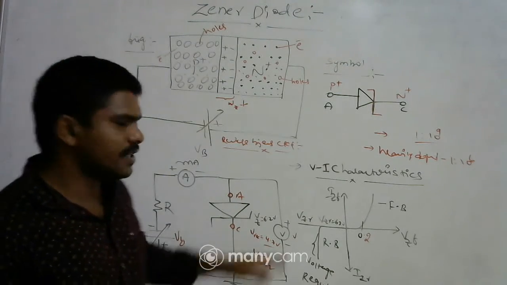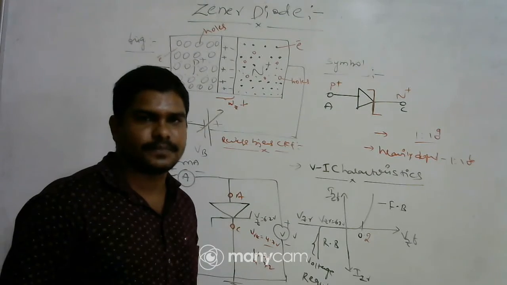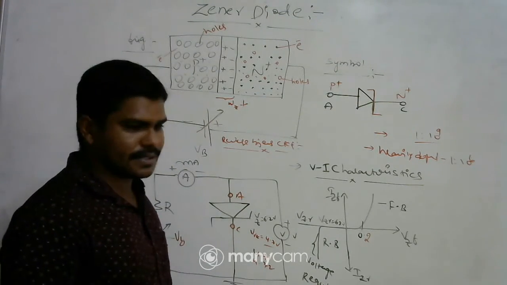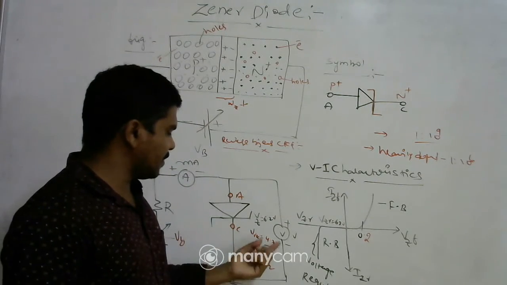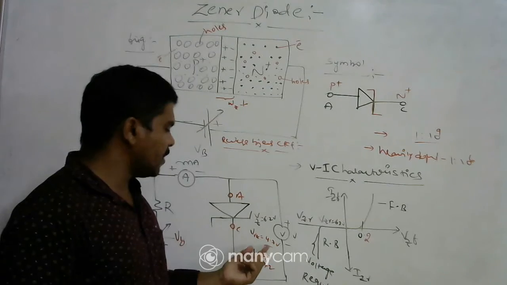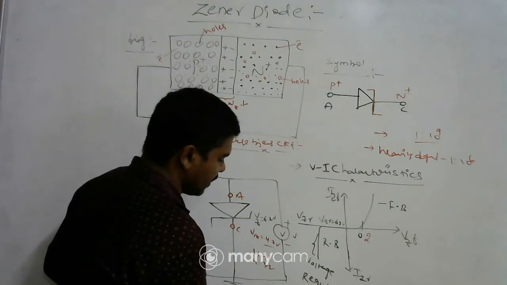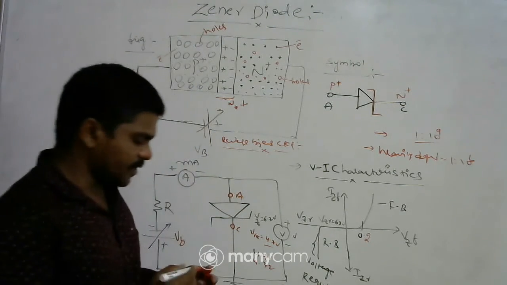That representation is the Zener diode acting as a voltage regulator. After this point conduction takes place. Before, for example 4.7, it maintains constant voltage, but up to 4.2, 4.3, 4.5 we are also getting zero current.